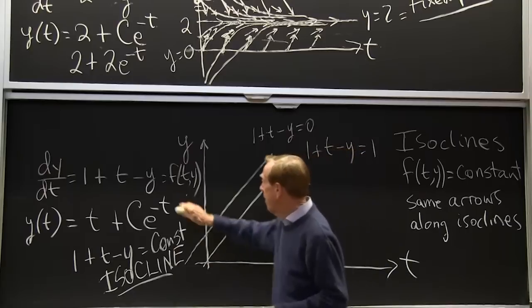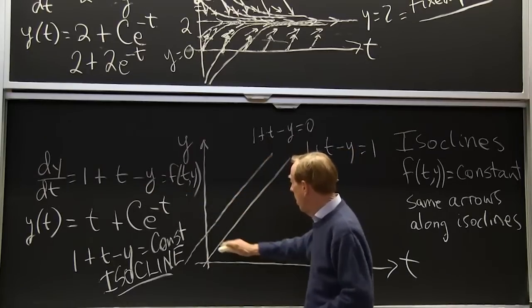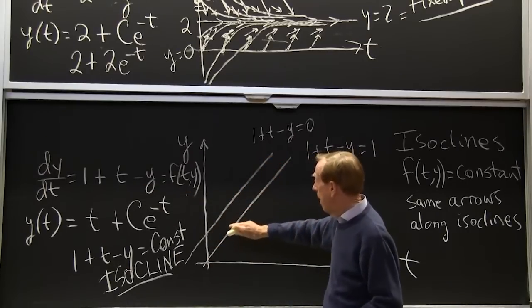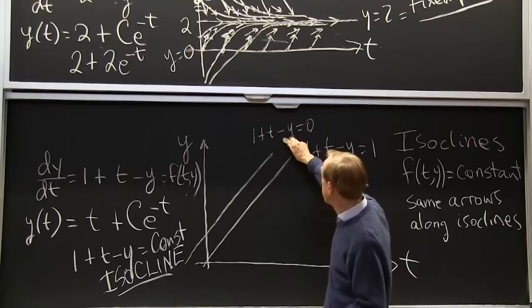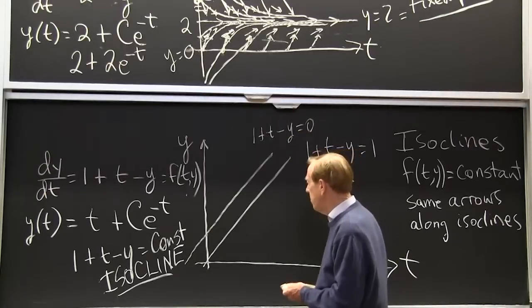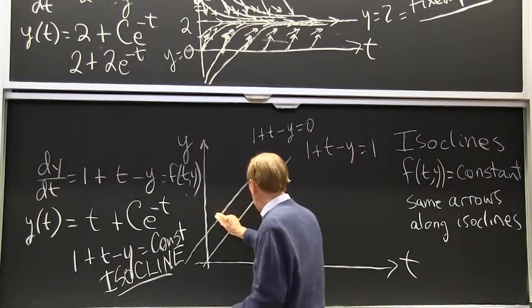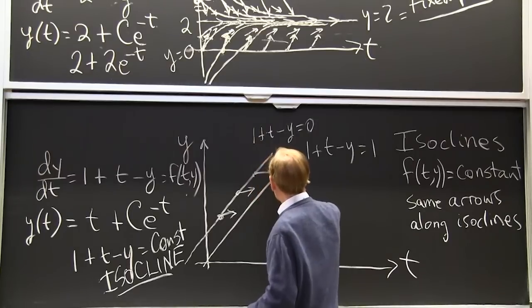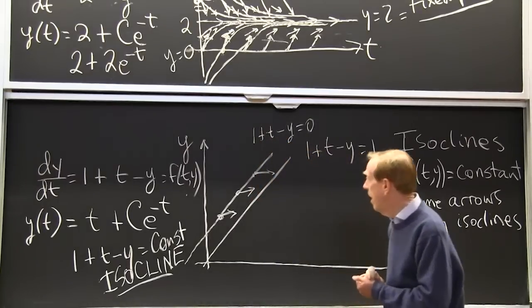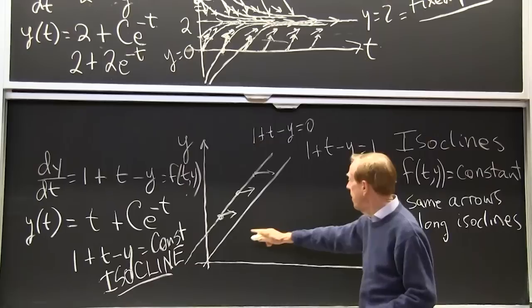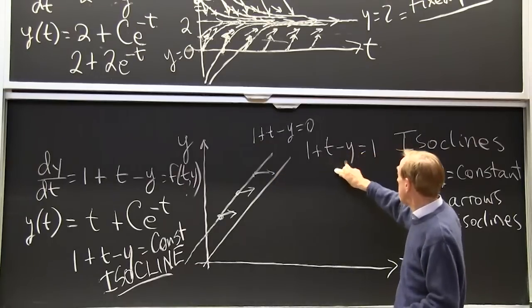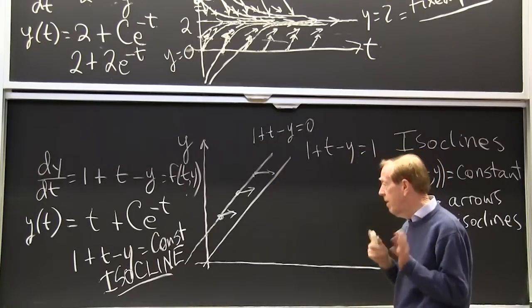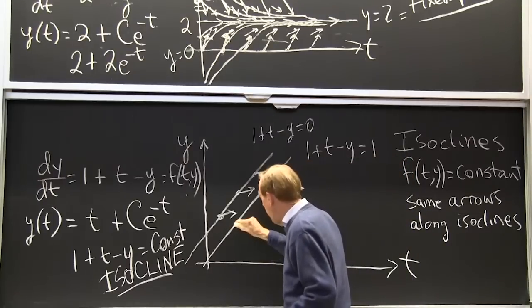Along this line, 1 plus t minus y equals 0, the arrows have slope 0. Oh, interesting. At every point on this line, the slope is 0. And on the other line, at every point the slope is 1. Also very interesting, because that's right along the line.